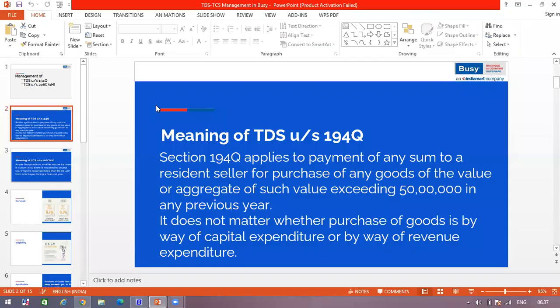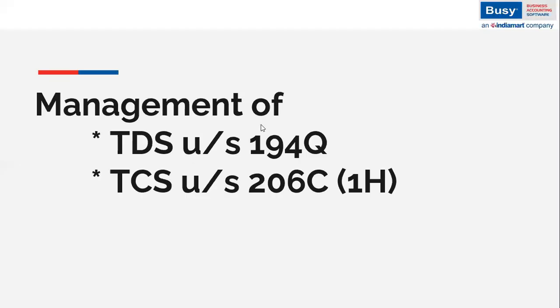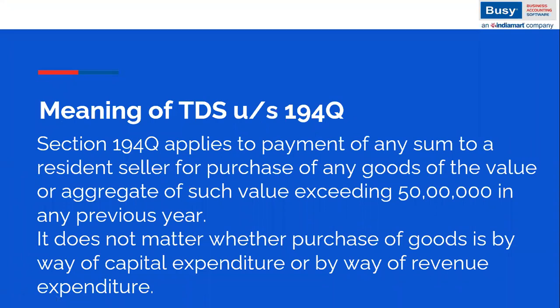Now, the meaning of TDS under section 194Q: this rule defines that if you are buying goods whose value exceeds 50 lakh, whether in a single transaction or in multiple transactions, and at the end of the last purchase you find that it is exceeding the limit, then on the last transaction where the limit is crossed, TDS will be deducted on that purchase transaction. It doesn't matter whether the purchase of goods is by way of capital expenditure.